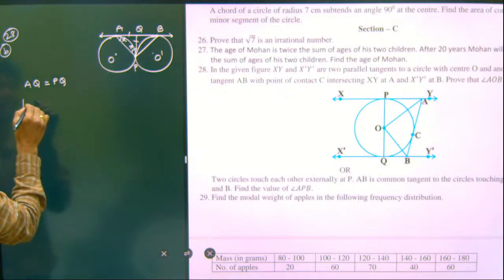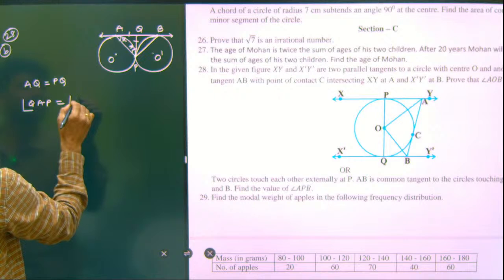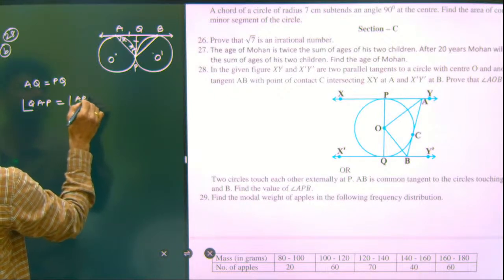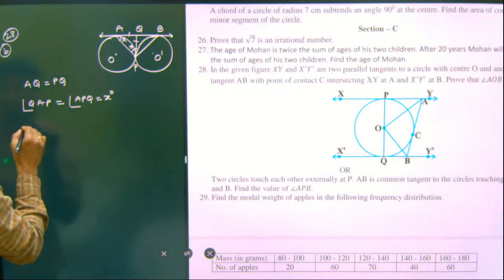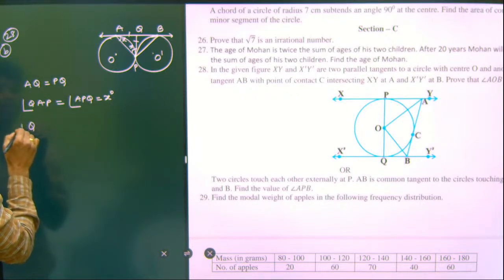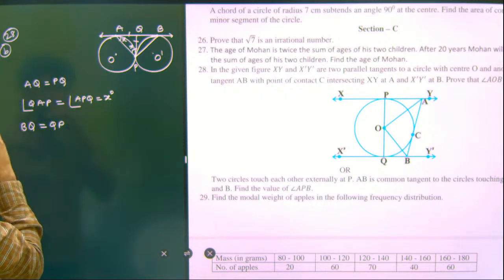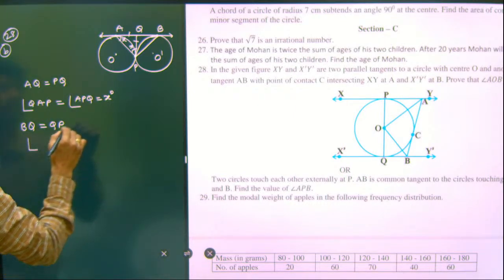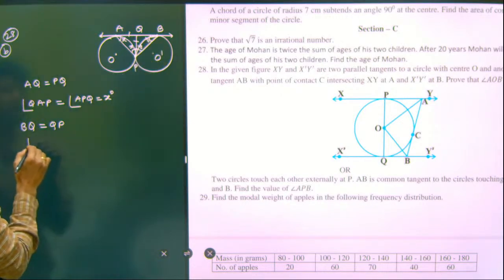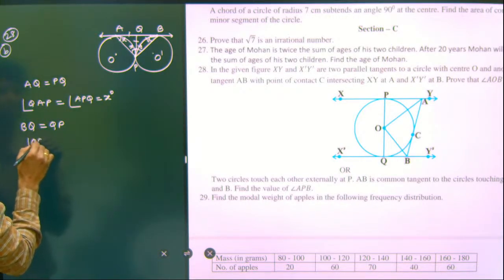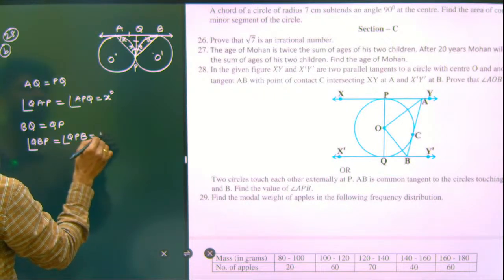So what you can write, angle QAP is equal to angle APQ is equal to x degrees. Similarly, again what we can write, BQ is equal to QP. Again there also we can write, these two angles are equal because it is isosceles, y, y. So we can write angle QBP is equal to angle QPB is equal to y degrees.